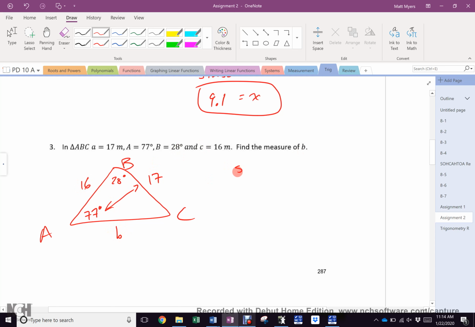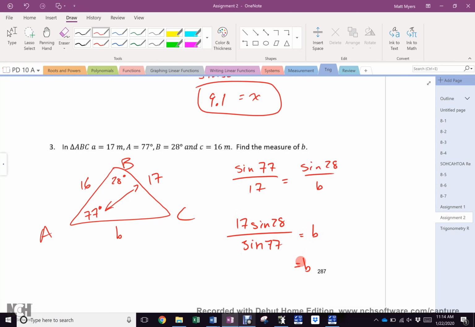No. Sine of 77 over 17 equals sine 28 over B. 17 sine 28 over sine 77 equals B. B equals 8.2.